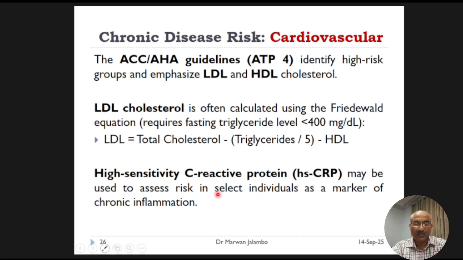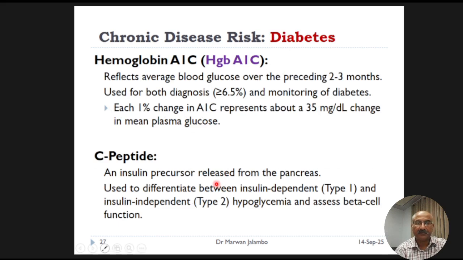Another major chronic disease where lab values are critical is diabetes. The chronic disease risk for diabetes. The primary tool for diagnosis and monitoring diabetes is HbA1c, hemoglobin A1c.